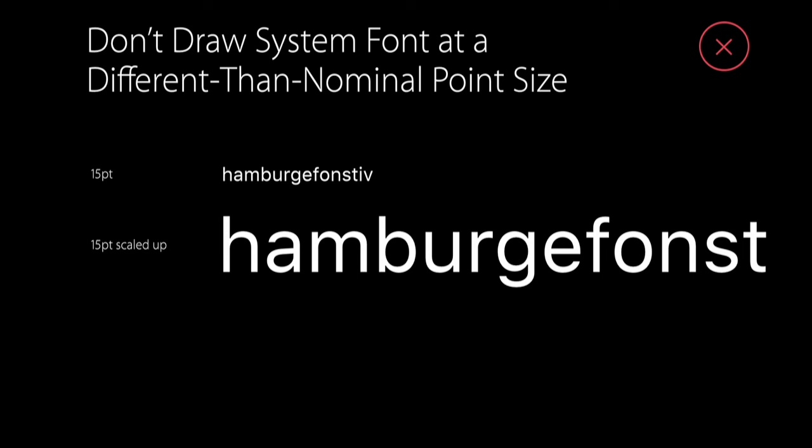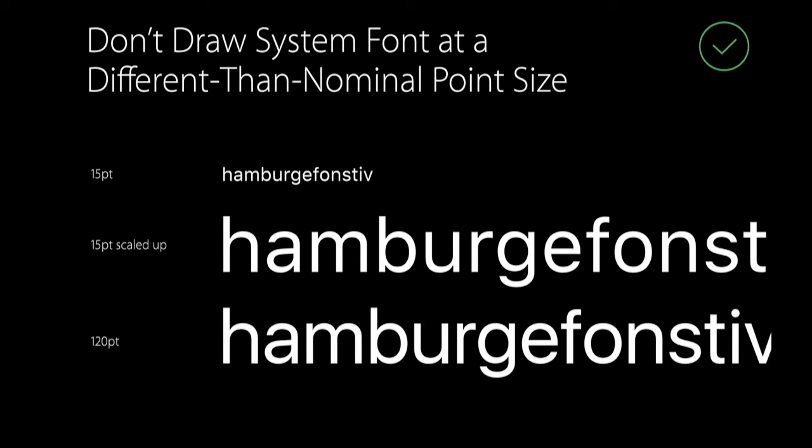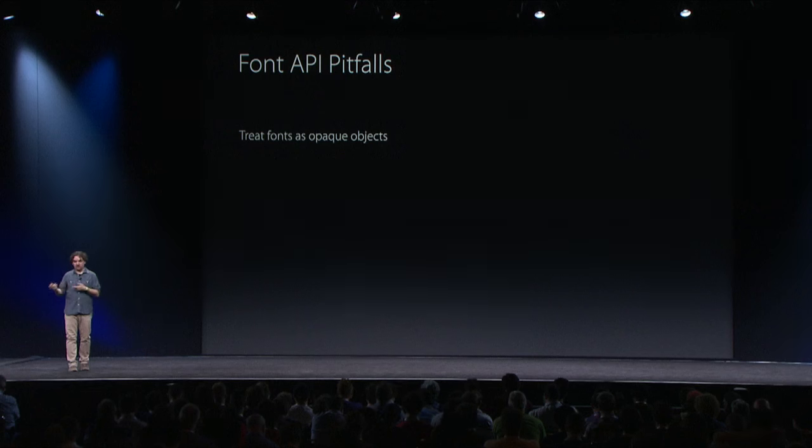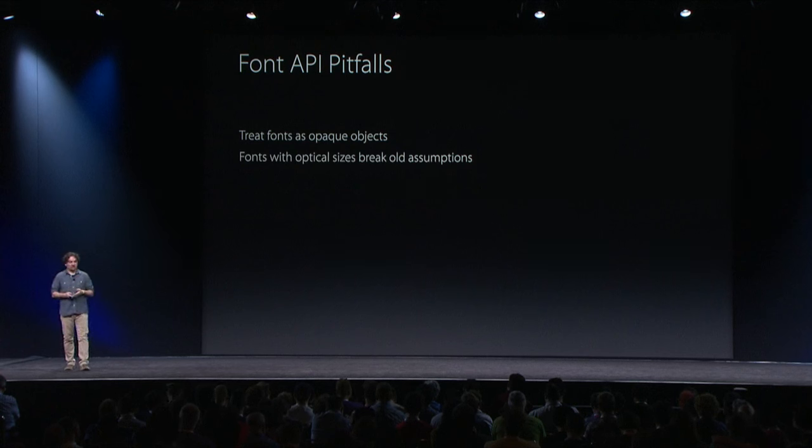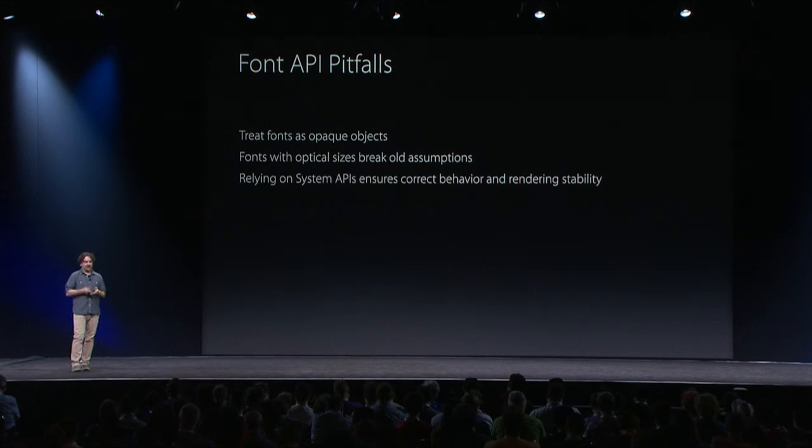What you really want to be doing there is reinstantiate the font for that specific point size, and you'll get the right behavior. So we really want you to treat fonts as opaque objects if possible, so use the system APIs to get to them. Fonts with optical qualities really break old assumptions. And relying on the system font APIs will give you the right behavior all the time. So please use these.